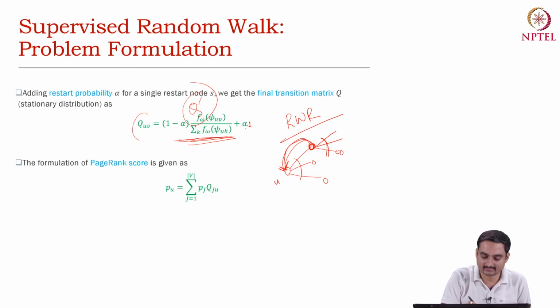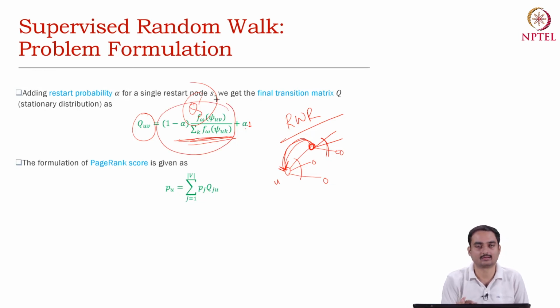Okay. So this is now the final transition matrix. If you only consider this part, then this is a pure random walk on the modified transition matrix. But since you add this part also, it's a random walk with restart.